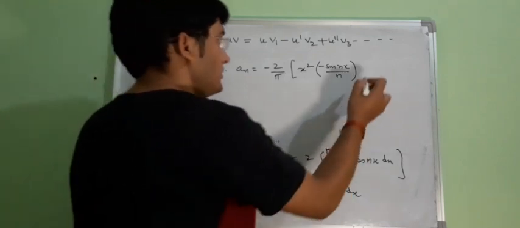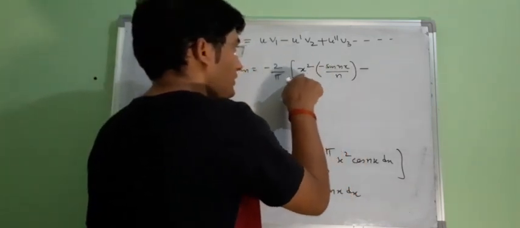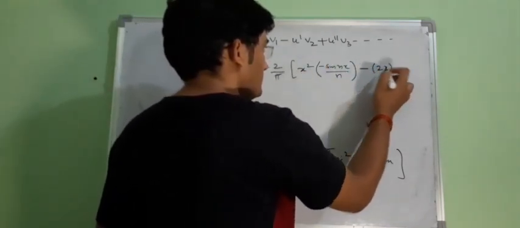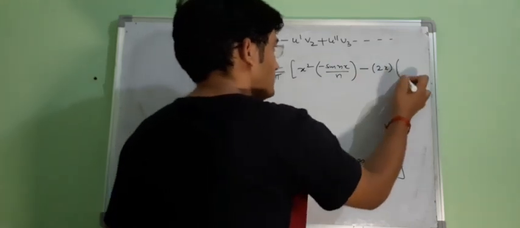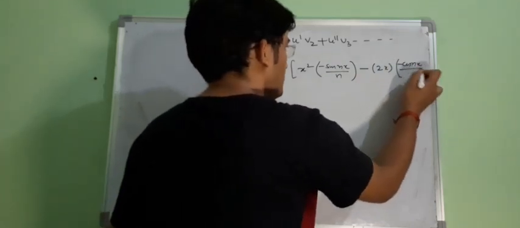Then we will use a minus sign, then the derivative of x², that is 2x, times the integration of this bracket, which is −cos nx upon n².